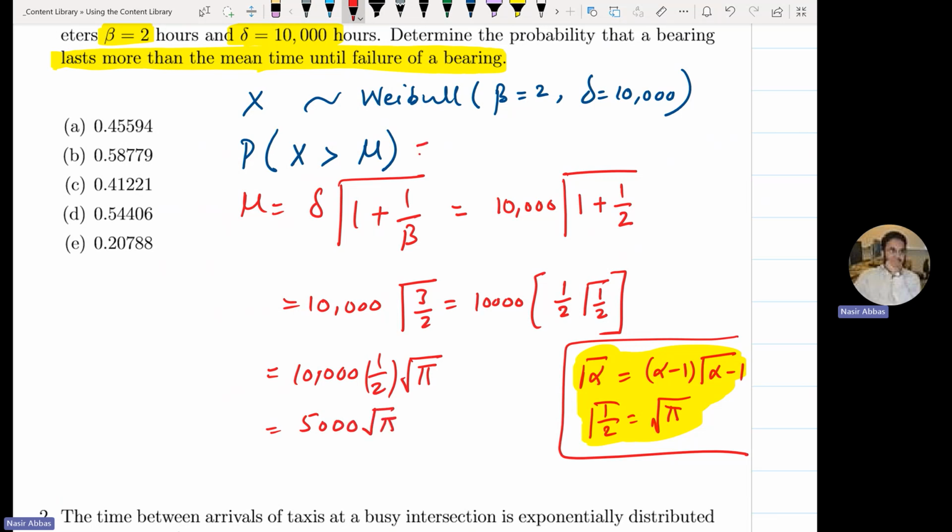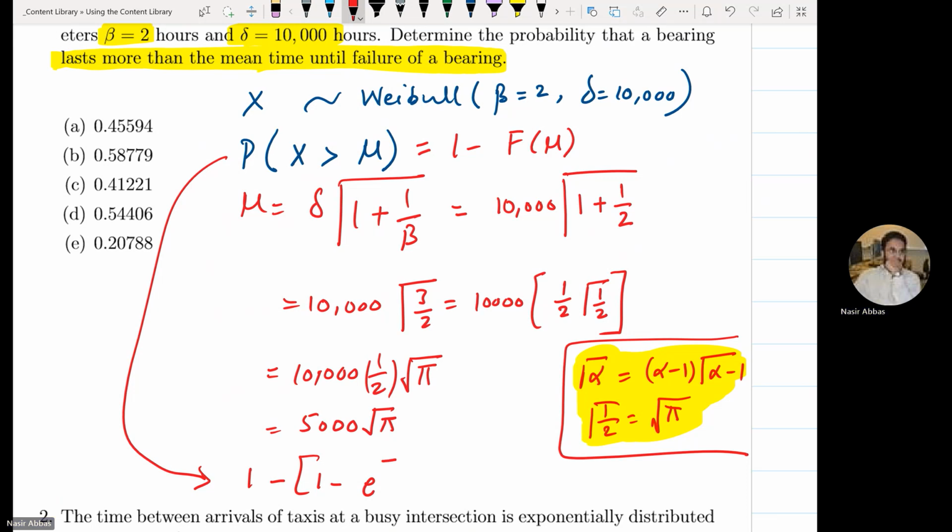Then this probability, can we find the greater than probability directly using CDF? No, we have to convert it to 1 minus. So this is 1 minus capital F of mu. So plug it in and you will have 1 minus, what is capital F for the Weibull distribution? It is 1 minus e to the power minus x over delta to the power beta.